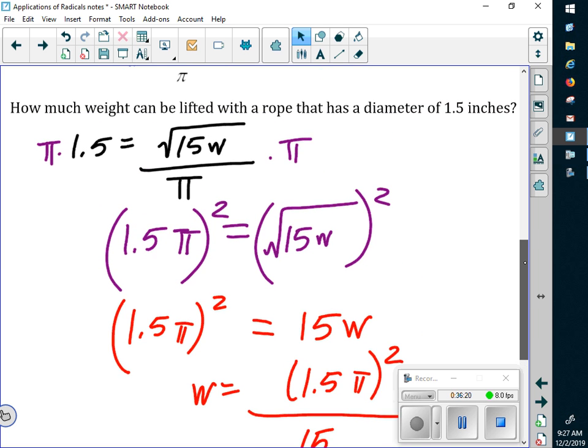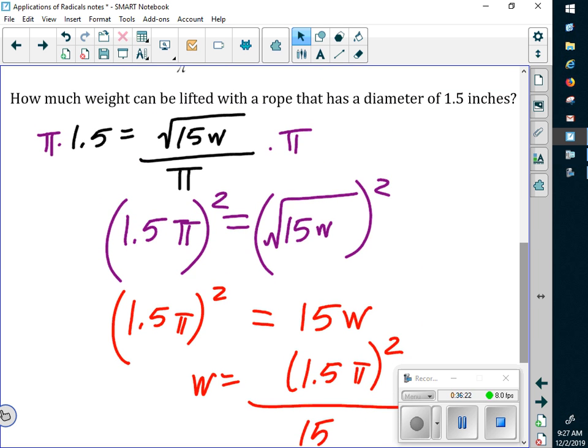Let's come up with a sentence. Beautiful. 1.48 tons can be lifted with a rope having a diameter of 1.5 inches. That's great. Or you can say the rope can lift a weight of 1.48 tons.